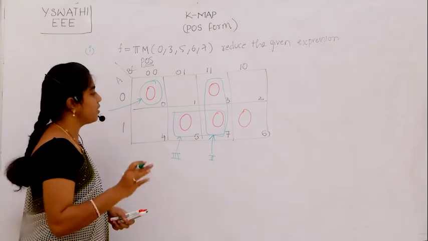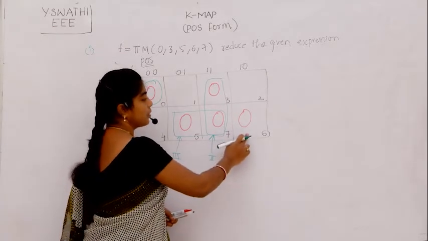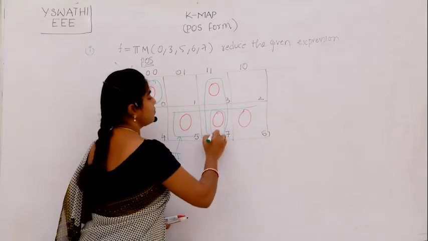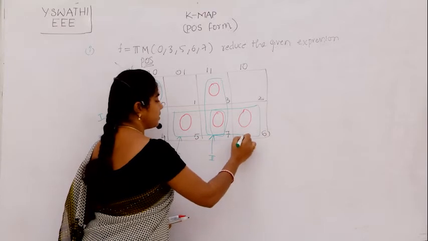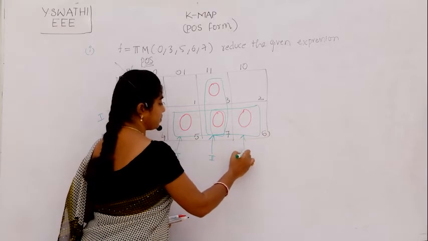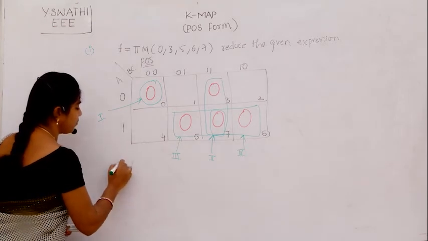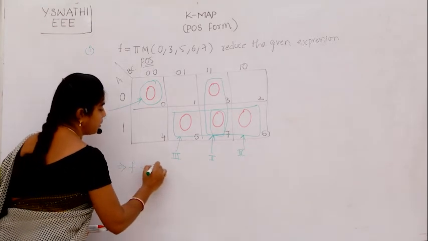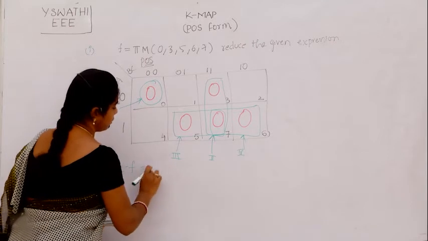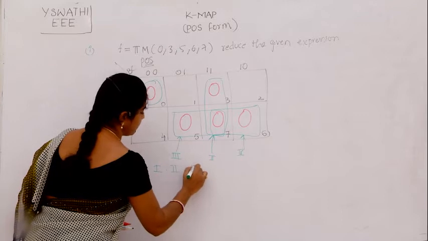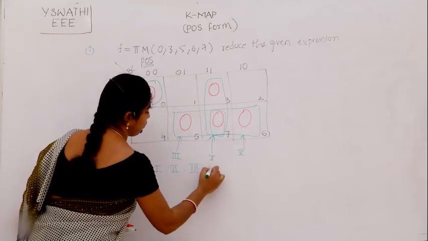And the leftover 0 is here in the 6th cell, and this 6th cell is adjacent to the 7th cell again. So this forms another group, that is the 4th one. So our function f is a product of 1, 2, 3 and 4.